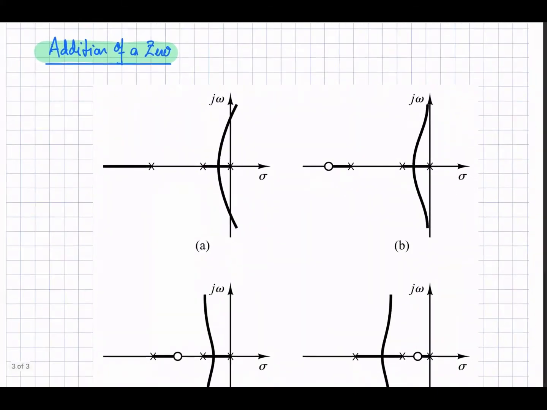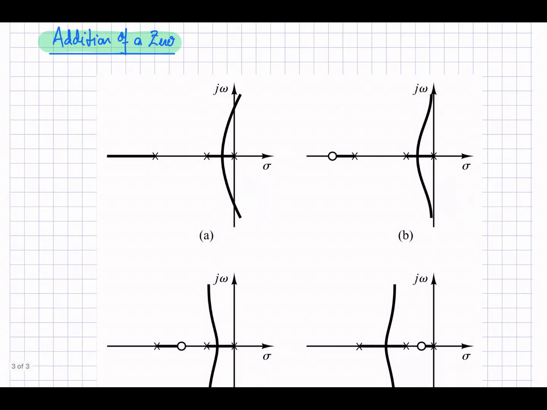Now let's look at the effect of the addition of a zero. Suppose we have this system in which we have three poles, and the root locus of that is shown over here. These poles are moving like this, and this pole is moving toward the zero, which is sitting at infinity. Similarly, the zeros are sitting at infinity for these poles. Now if I introduce a zero over here, this pole will move toward this zero, and you can see the root locus is pulled towards the zero.